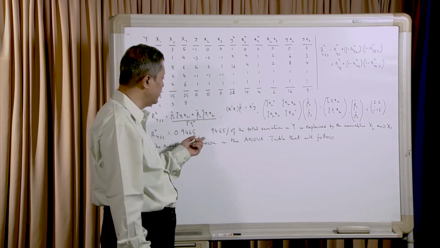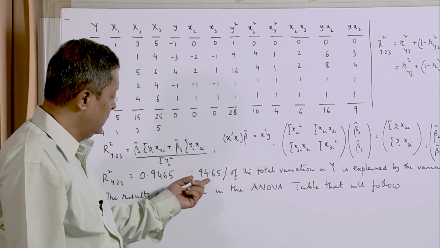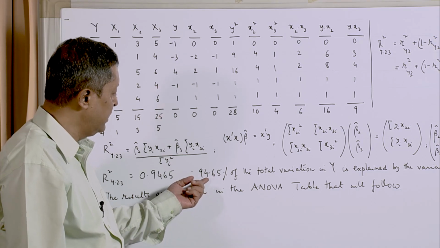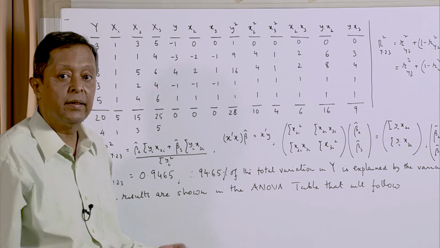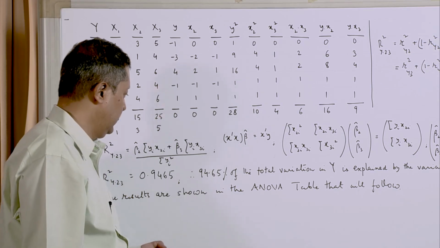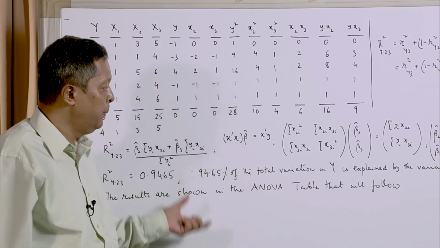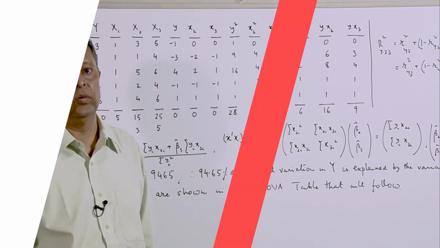So, 100% minus 94.65% is 5.35%, which will be the residual sum of squares. These results, dear viewers, will be presented in the ANOVA table that will just follow.